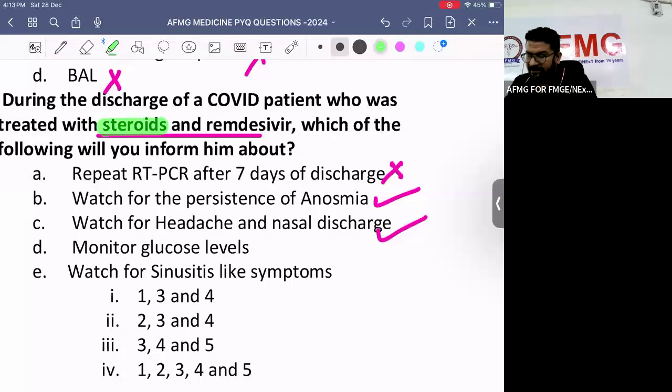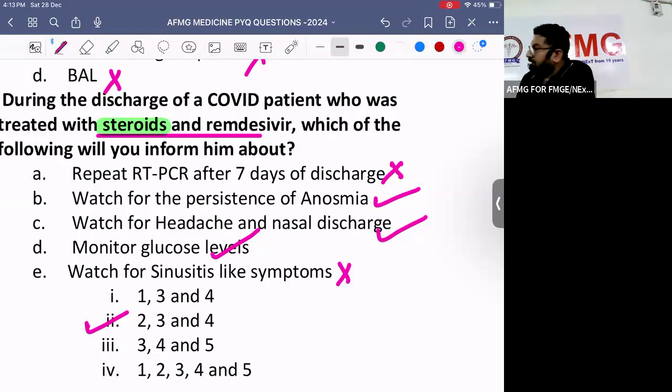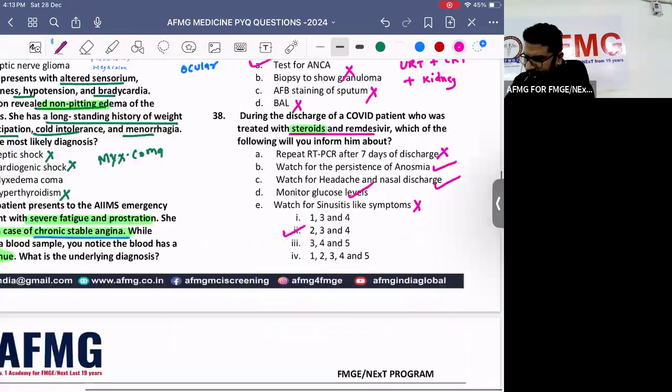Many of the patients have become diabetic because they have taken a lot of steroid. So glucose level also has to be monitored. Sinusitis is a normal symptom which you can see in any patient, so sinusitis is not that important. So 2, 3, 4 will be the answer.